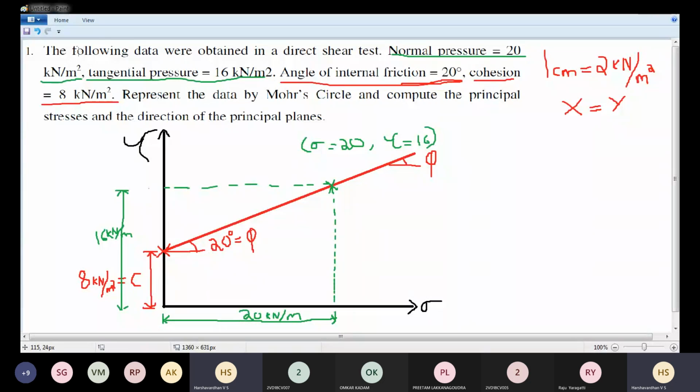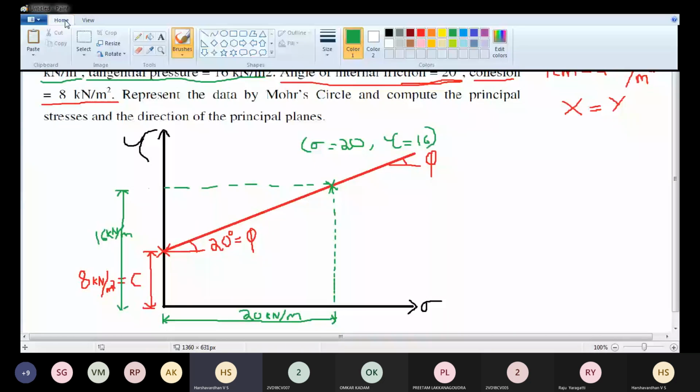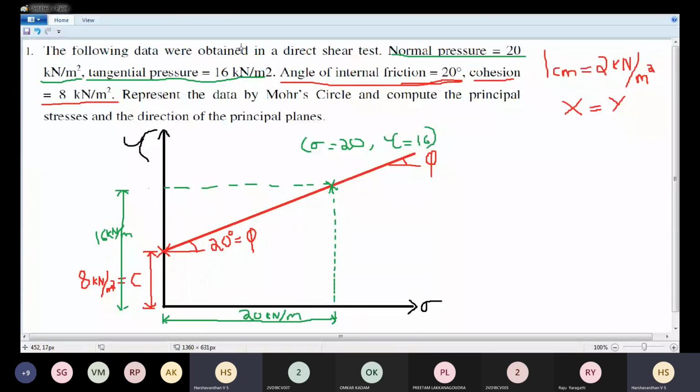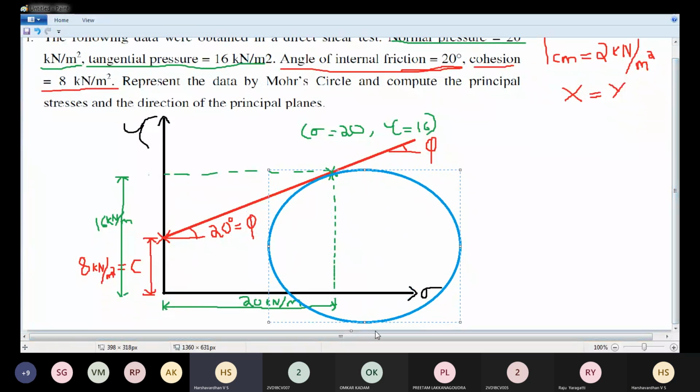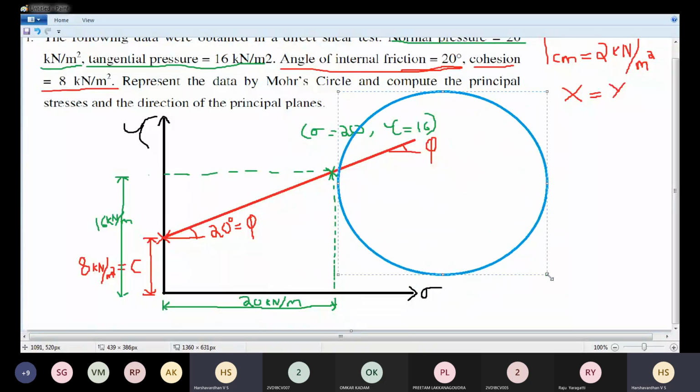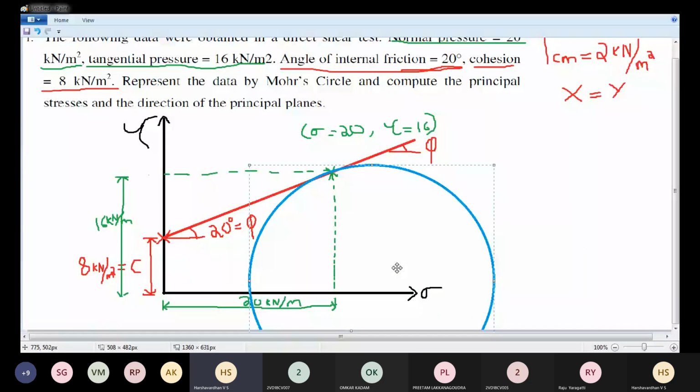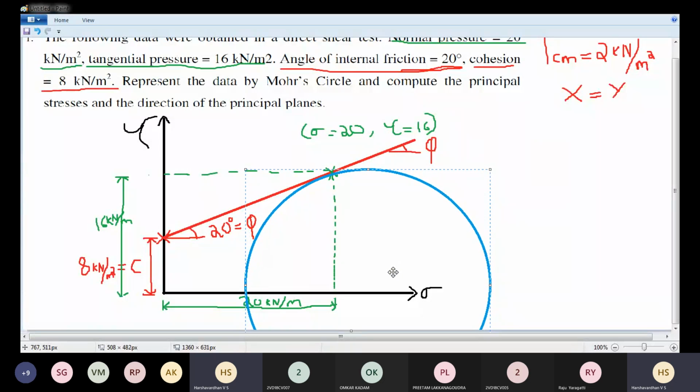Okay, now I have to draw the Mohr circle. It has to be tangential to the envelope, and the diameter has to cut the x-axis.